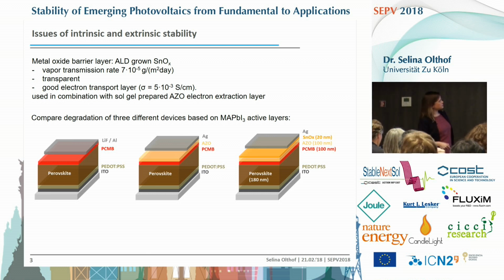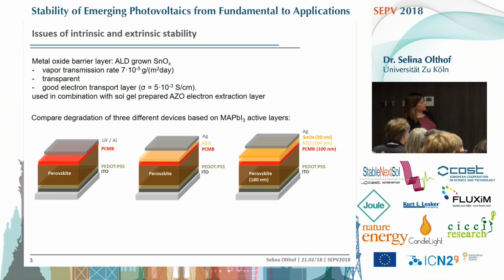Down here you see three devices that were tested. One of them is a reference device. Here we have PSS, perovskite, PCBM, and a top contact. The next device is one where an AZO film was added. Here we have just this AZO layer. This is a sol-gel-produced film. It's a thick film, 100 nanometers, but it is not compact, right?